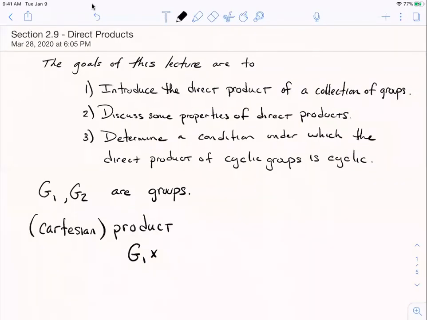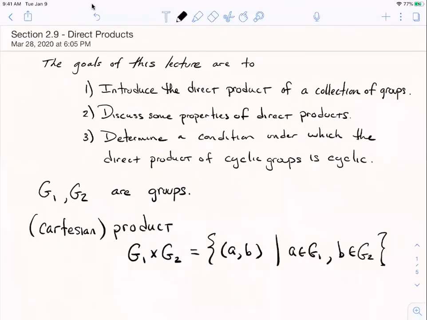It's written like this. You pronounce it G1 cross G2 or G1 times G2. And what is it? Well, it's just the set of ordered pairs, things that look like a comma b, and they're ordered in the sense that the thing you write first comes from the first factor. In our case, that's G1. The thing you write second comes from the second factor. In our case, that's G2. So that's the Cartesian product of the two sets, G1 and G2.